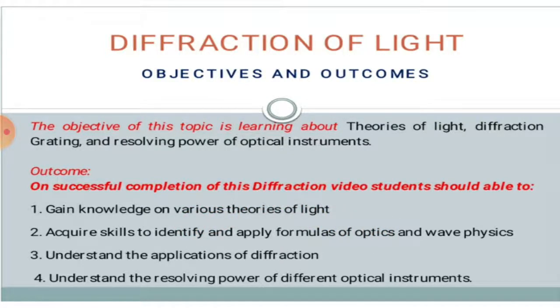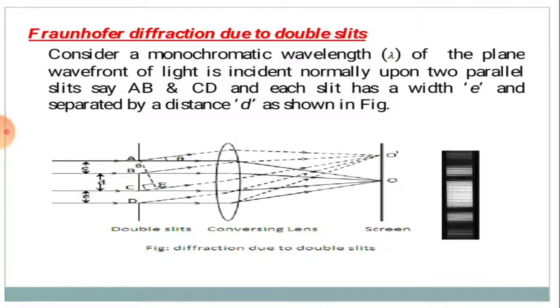Now let's see the Fraunhofer diffraction at a double slit. Here, first we need to know what diffraction is. It is basically the bending of light waves at the edges of an obstacle, and that is called diffraction.